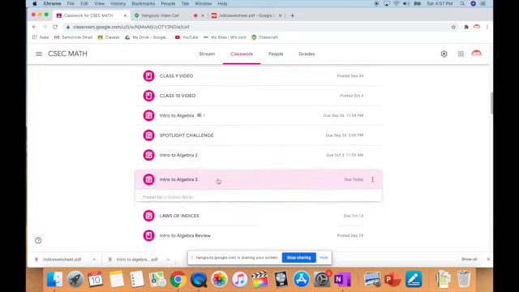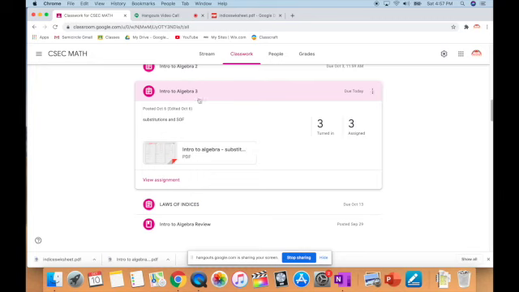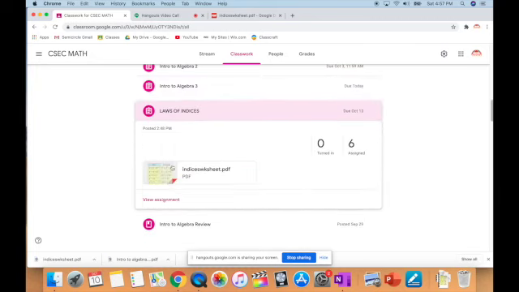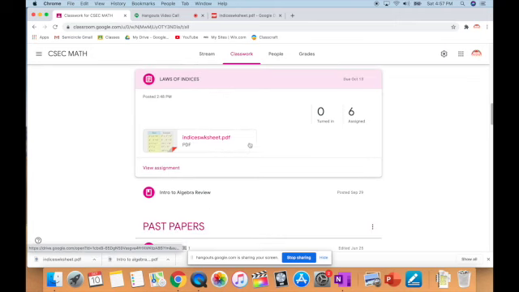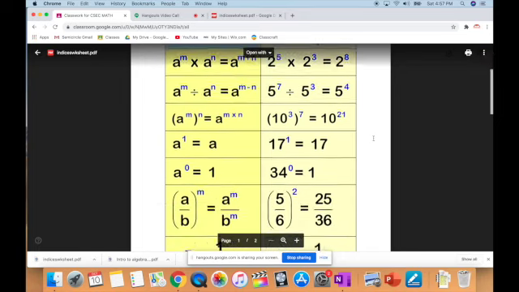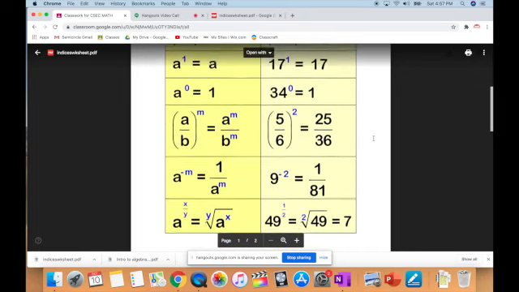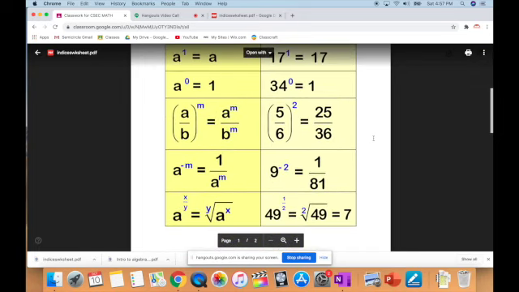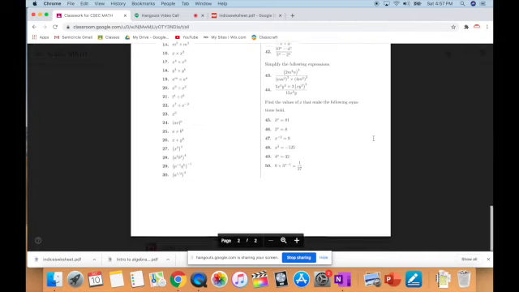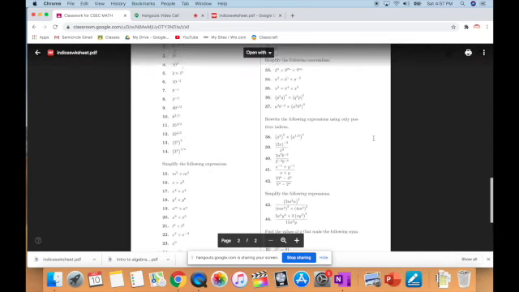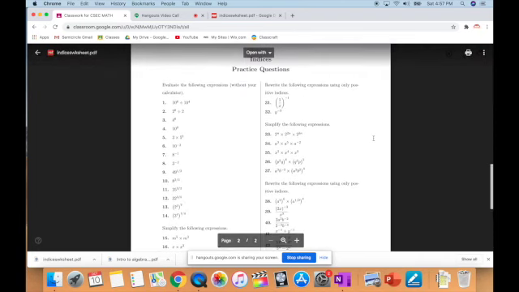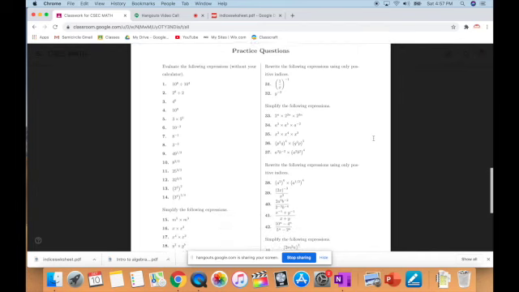This coming down here, this was the last assignment that you all did, Intro to Algebra 3. Over here, we have the Laws of Indices assignment. And in this assignment, I have this chart here showing you all of the laws of indices so you can revise them. And these are your questions. There are 50 questions. It's just one page. Most of the questions are easy, right?